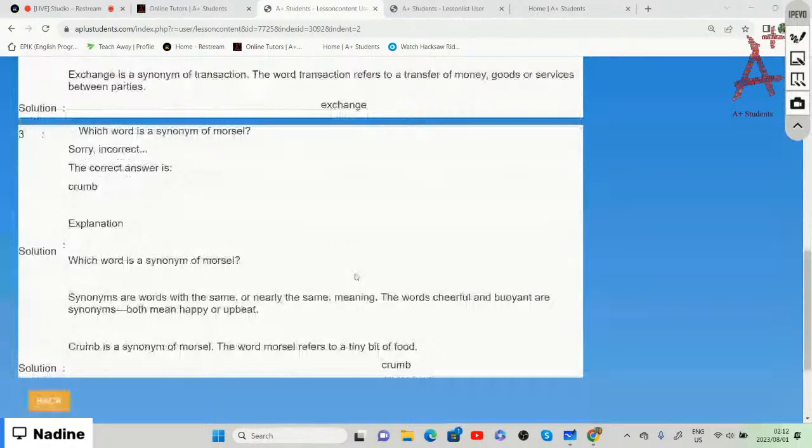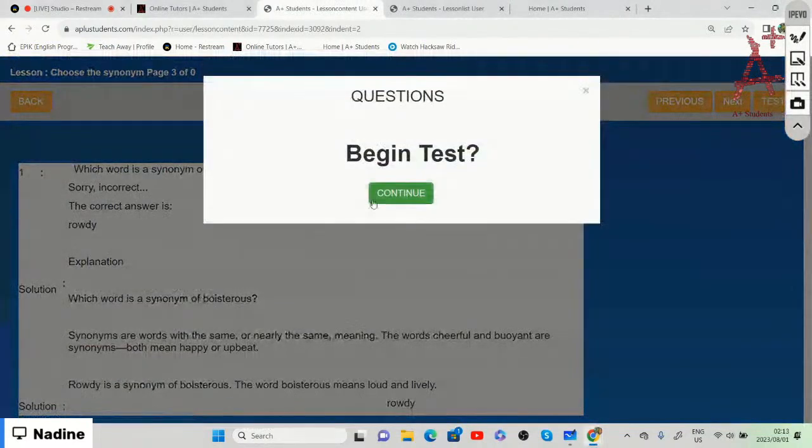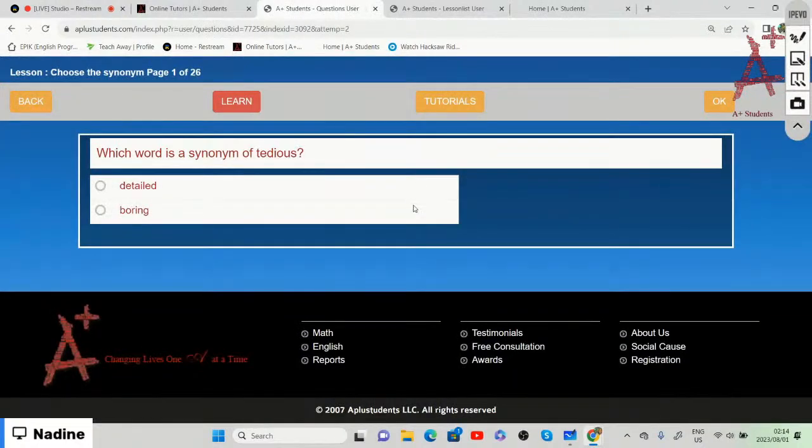All right. Now we're going to our test. We are now going to begin the test on choosing the synonym. We now need to choose the synonym of the word tedious. Is tedious detailed or is tedious boring?